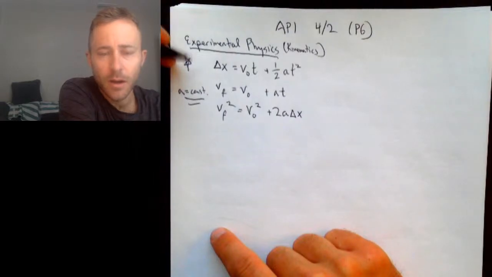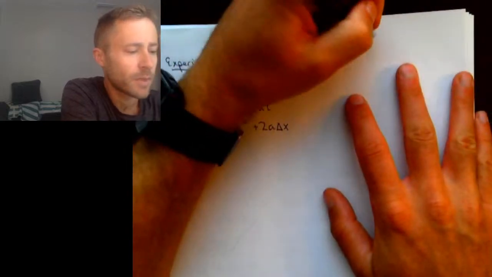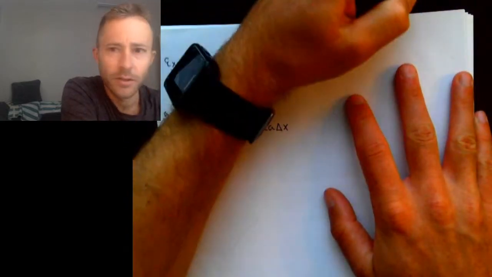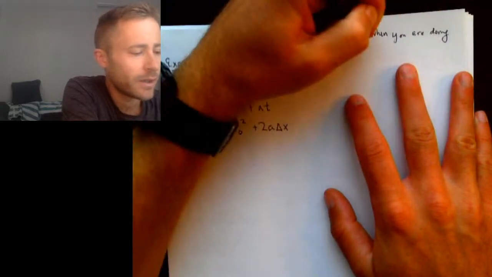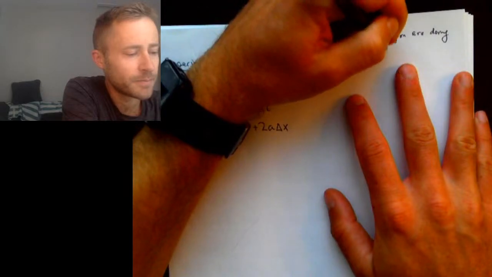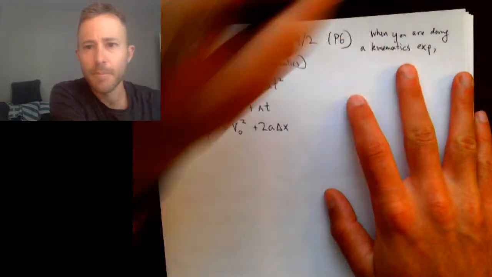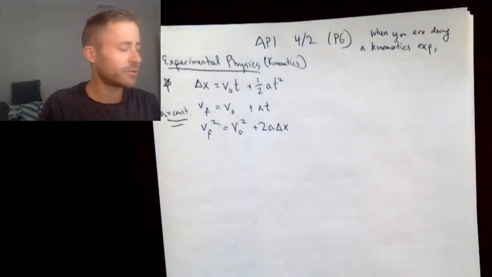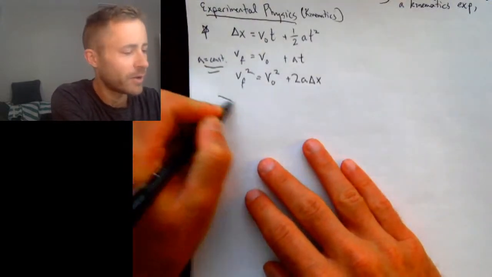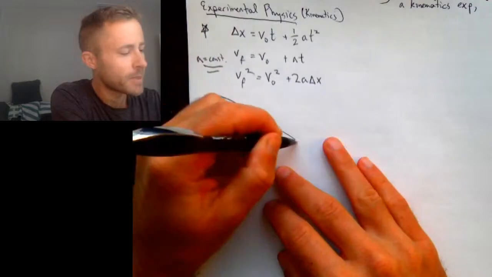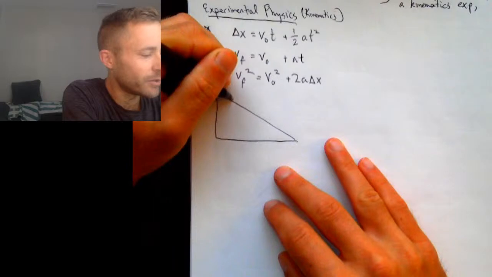The reason is that when you are doing a kinematics experiment, the data that you collect, so let me talk about a simple kinematics experiment. You might just have a ramp, okay? And you have a ball that is going down the ramp.